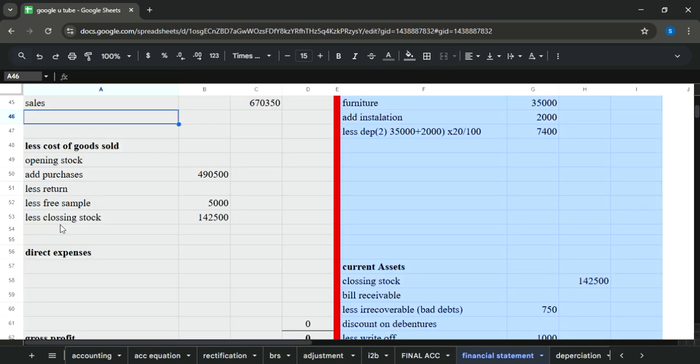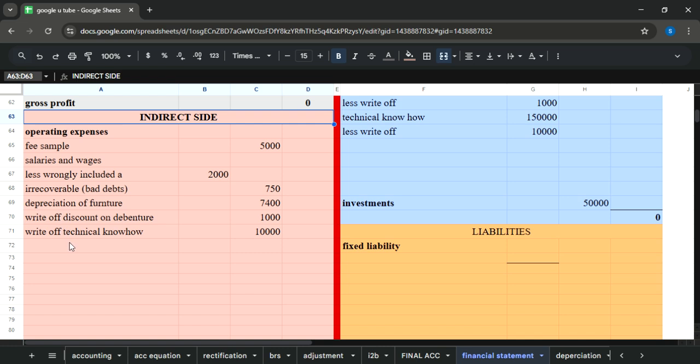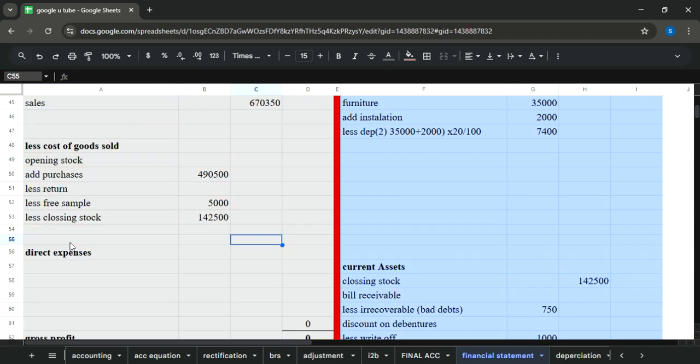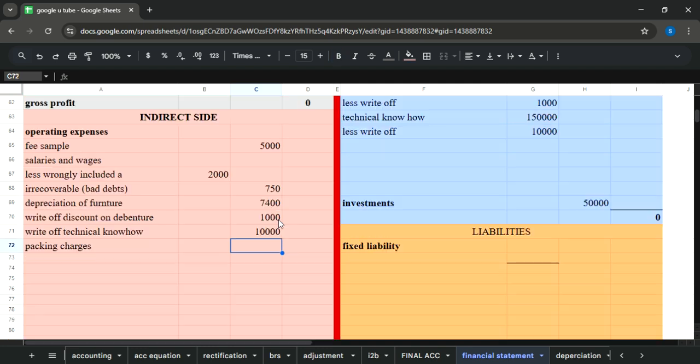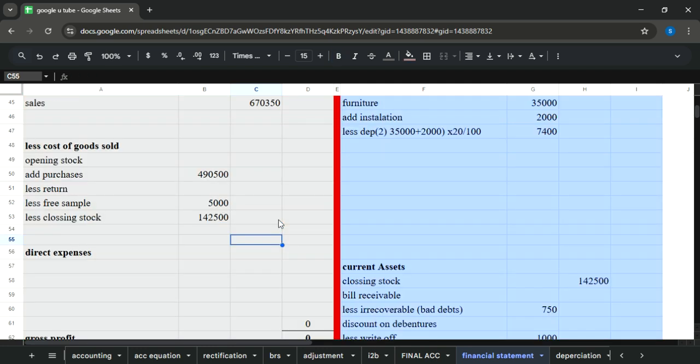We'll go to operating expense side, and here we will mention packing charges. Amount of packing charges 18,000. Let's mention 18,000 in operating expense side.